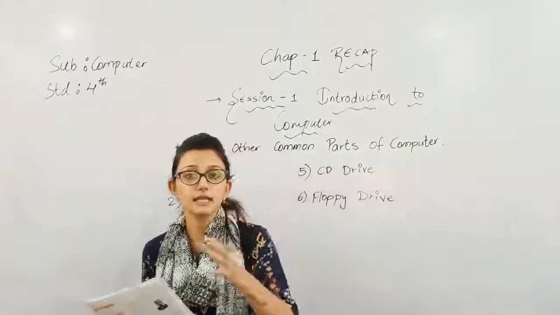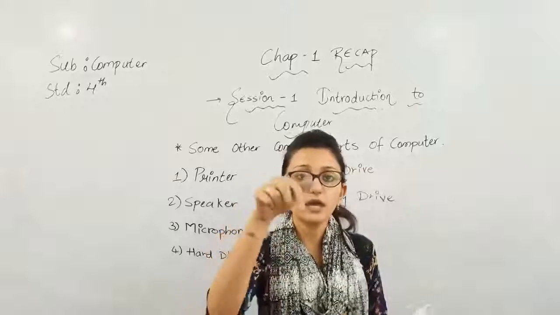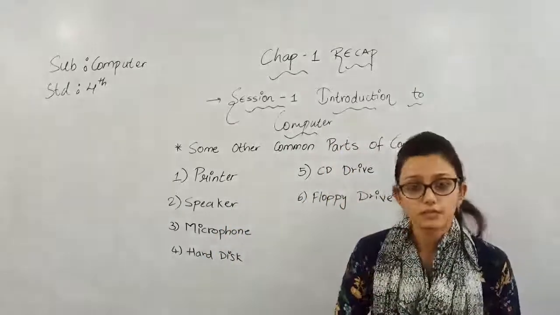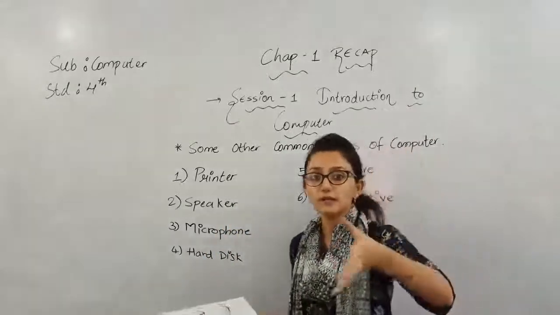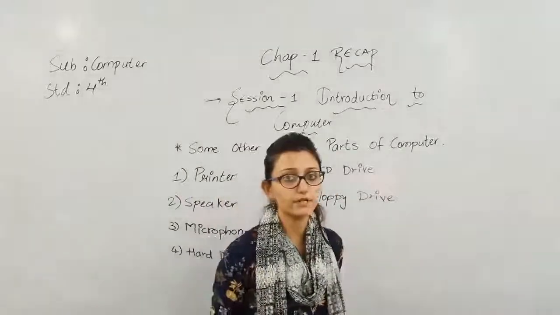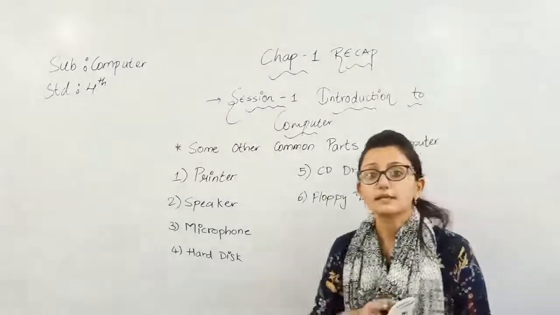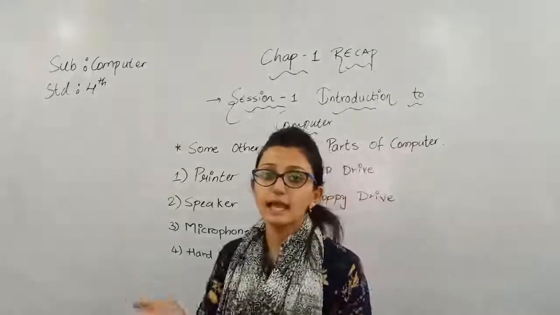Next one is the CD drive. A CD drive is the drive in which we insert our CD. CD means compact disc, which stores many memories, pictures and movies, so that you can carry it with you easily anywhere.